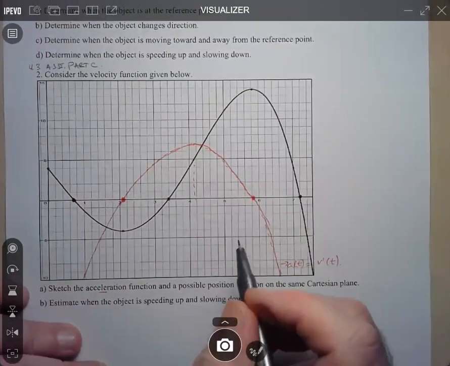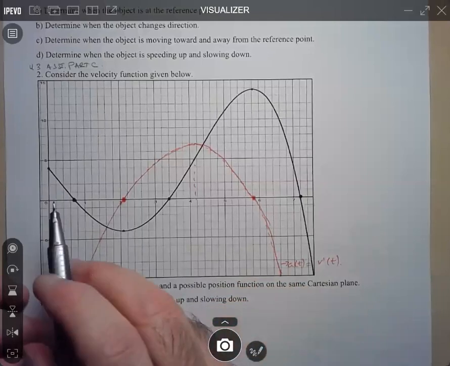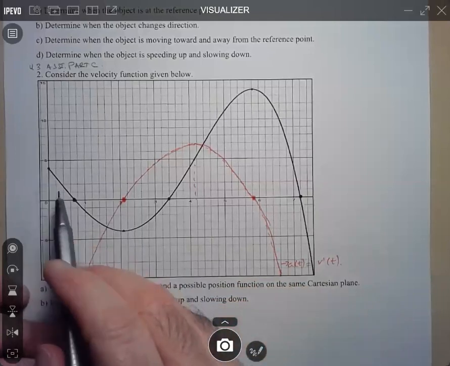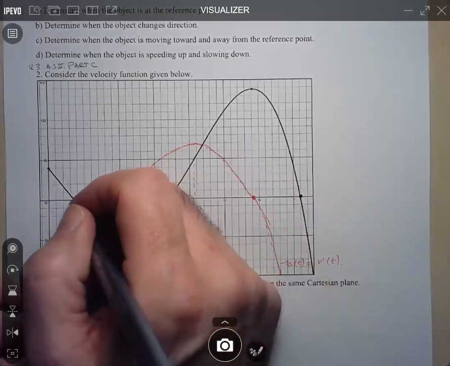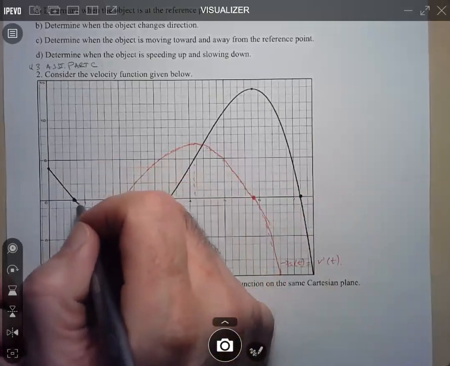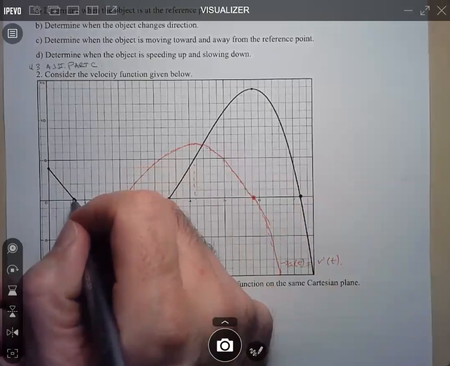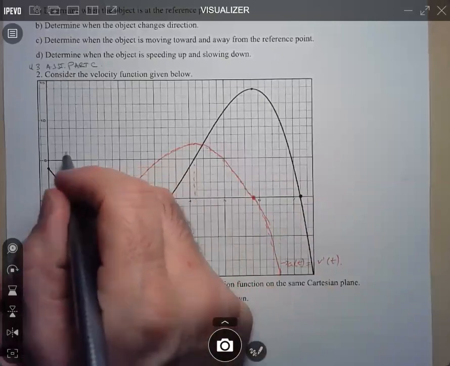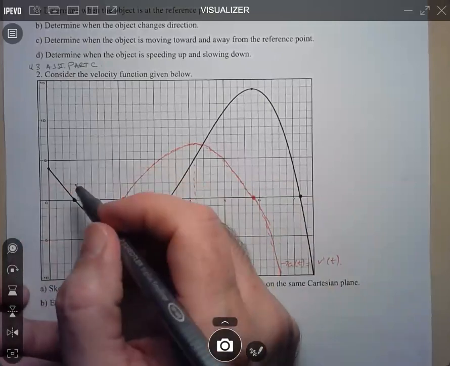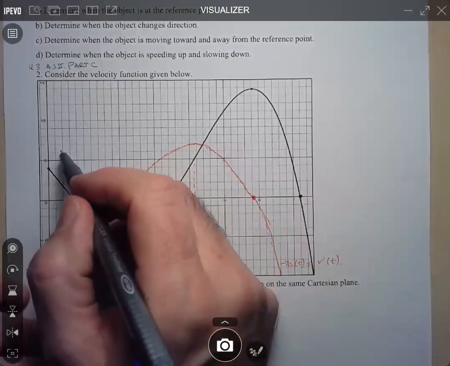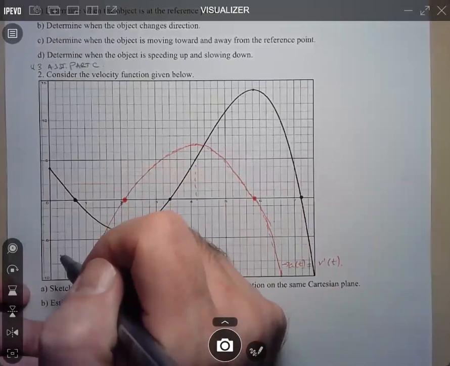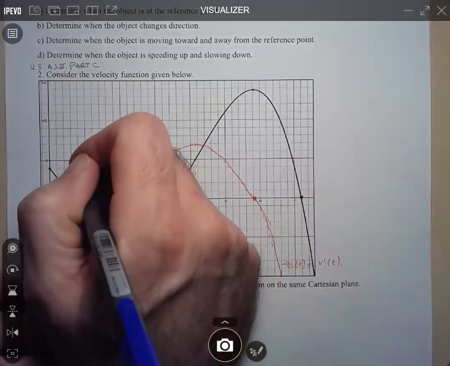But of course, now I'm talking about the derivative of the position function, because the velocity is just the derivative of the position function. So this tells me that at this value here, the position function is going to have a horizontal tangent, but the derivatives are going from positive to negative. So that means there's actually going to be a local maximum there. I'm just going to pick some random point.